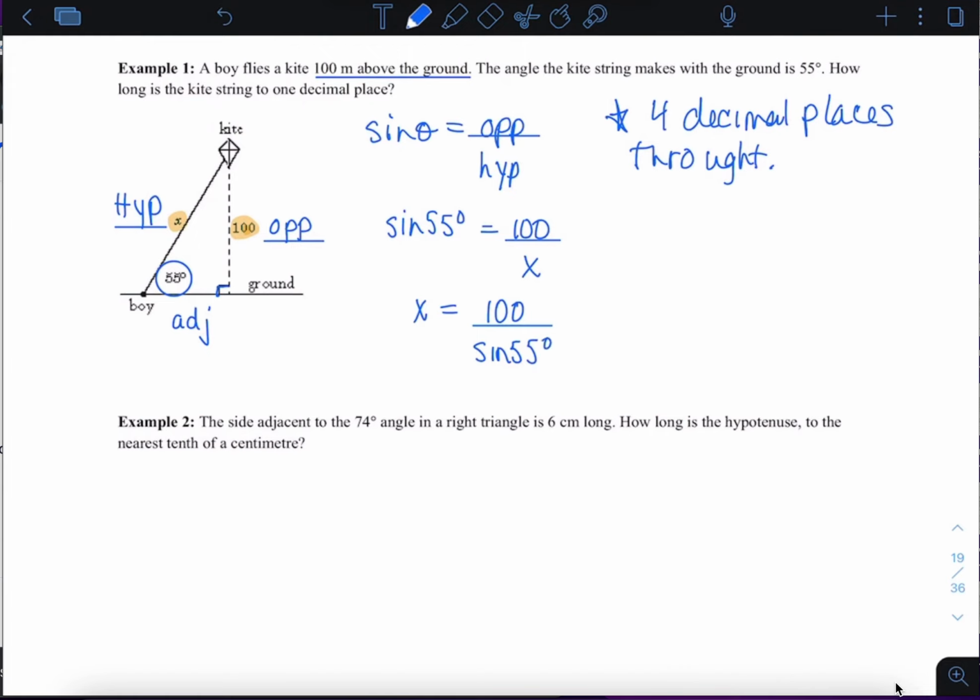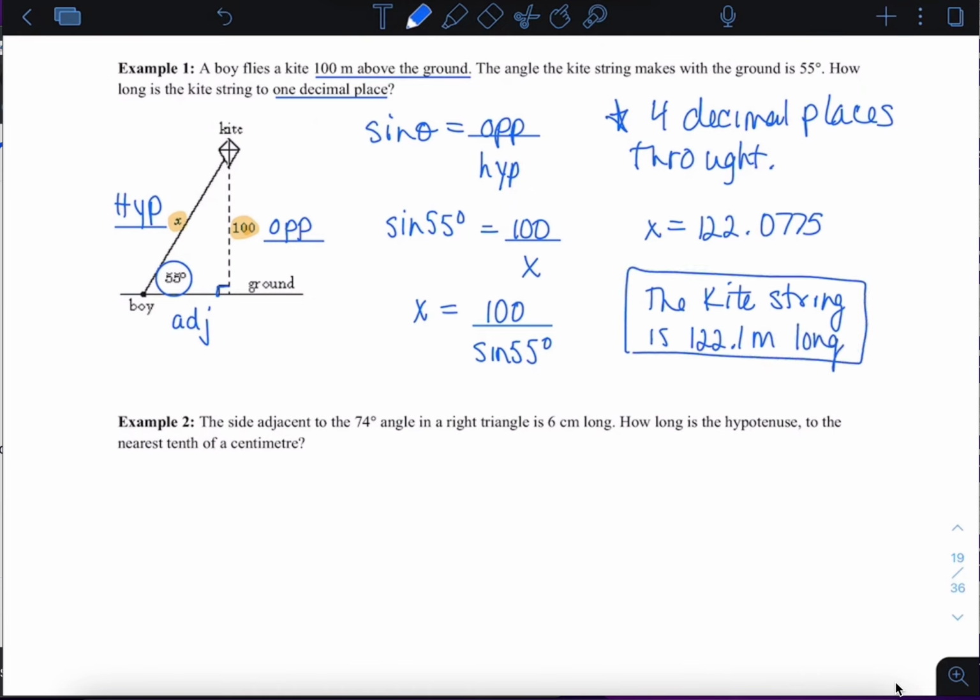So all I did here was cross multiply, and I'm going to say that x is 122.0775, and my final answer is the kite string is, and it says to 1 decimal place, 122.1 meters long. I'm going to put a box around my answer. All right.